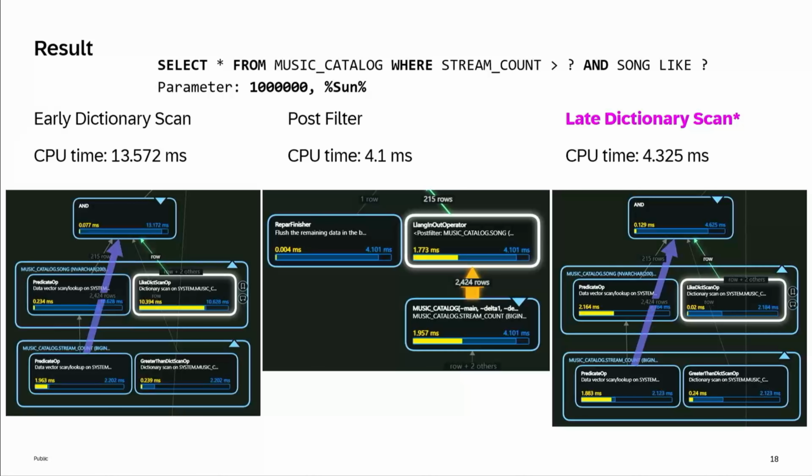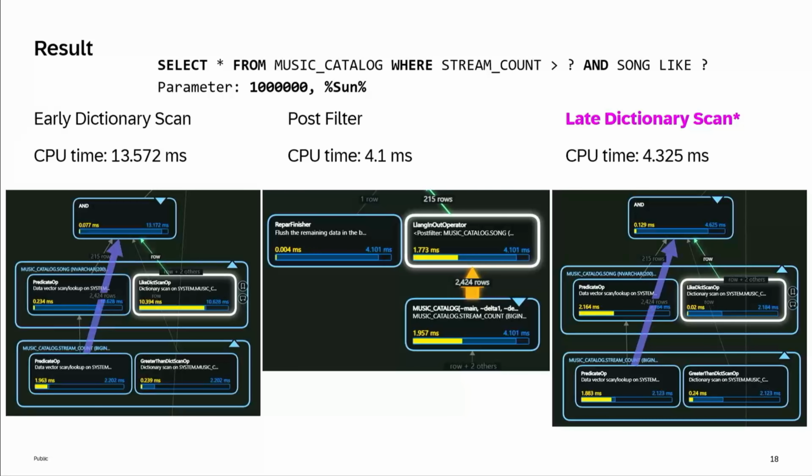Note that this is a parameterized query, which means we don't know the parameter during the compile time, only at the runtime. And in this case, because this parameter is very selective in the first predicate, it might be better to do the post filter.